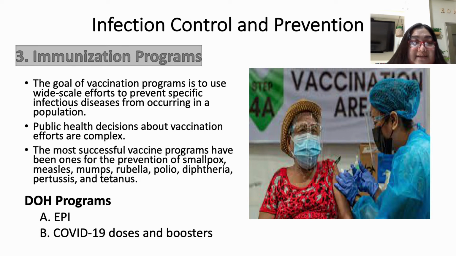These are common vaccines. There are many DOH vaccination programs. But let us discuss one, the EPI in children, the expanded program of immunization. And second, the very recent COVID-19 doses and the boosters.